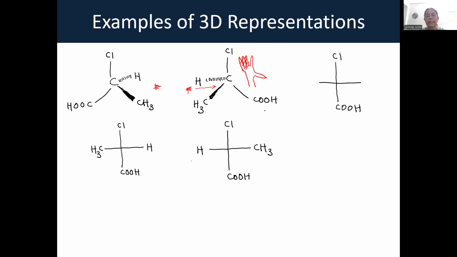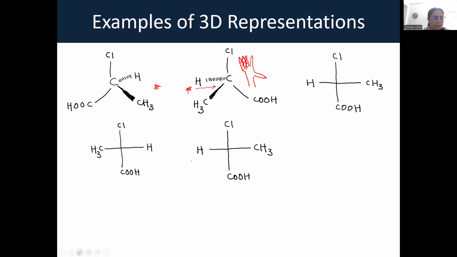Now, in this situation, the thick line is always directed towards the thumb. The thick line substituent is directed towards the thumb. So it is going to be on your right. The remaining substituent is directed on the opposite side of the thumb. So it comes to your left.